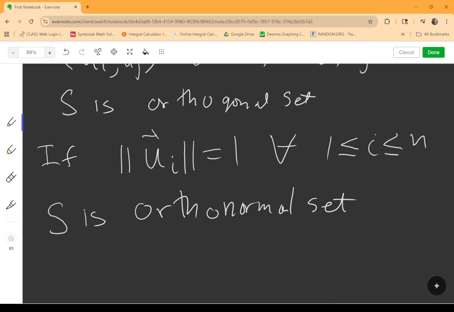That is the definition of both of those cases, and we'll see in a minute why that is advantageous.